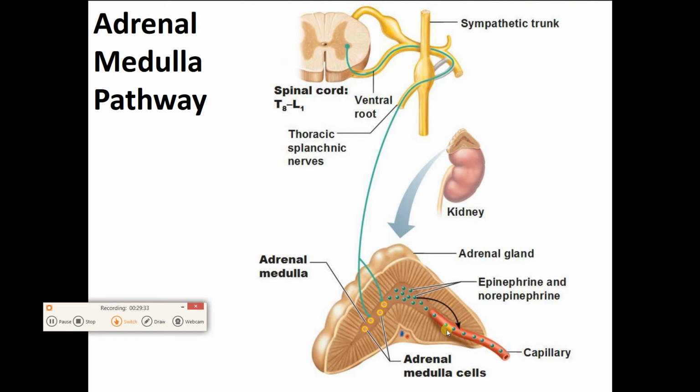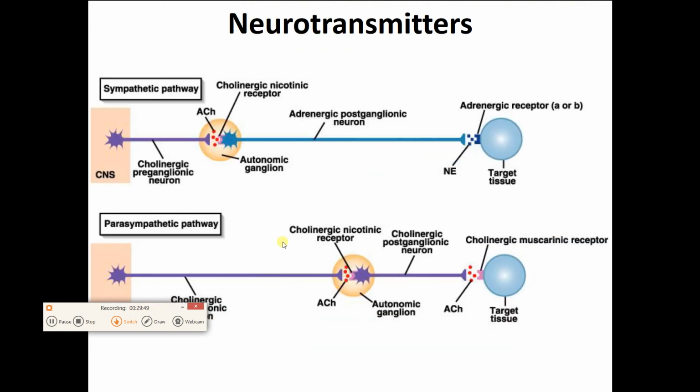All right, I can pretty much guarantee you're going to see a picture of one of these pathways on your exam. You're not going to have to draw me one or anything like that, but I'm going to show you a picture, ask you about some labels and things, okay? All right. So, let's look at neurotransmitters. We've touched on this already.